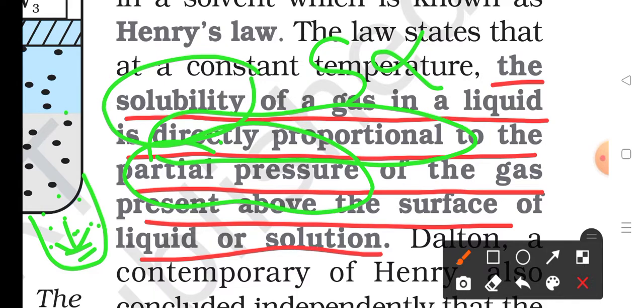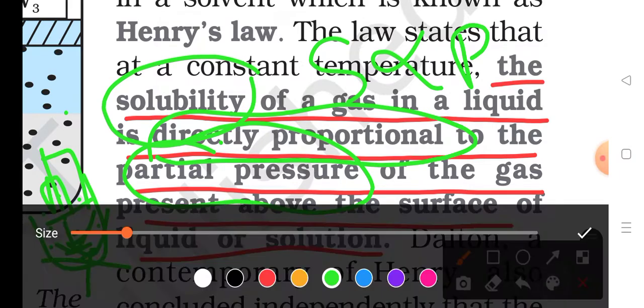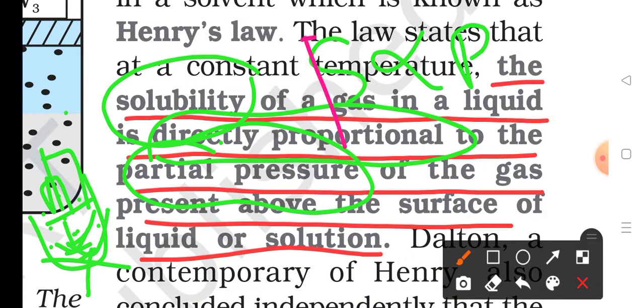Partial pressure means the pressure we give. If the pressure is high, solubility is more. If the pressure is less, solubility is less, right? So solubility is directly proportional to that pressure.